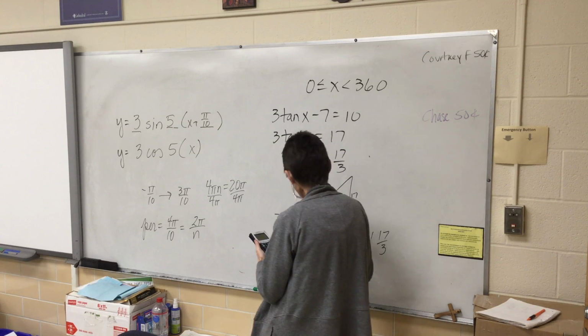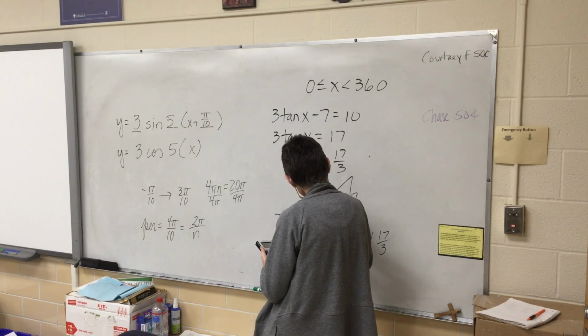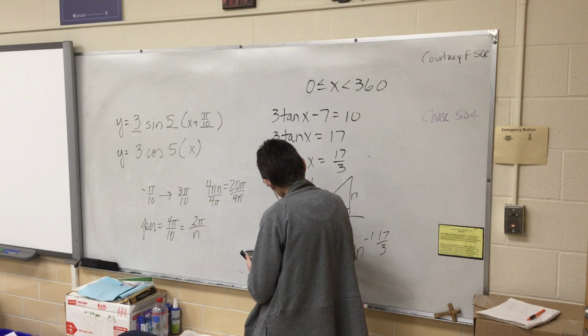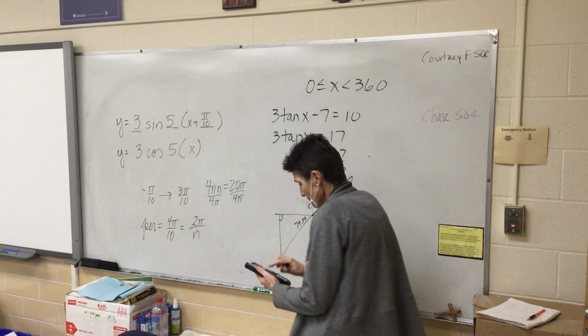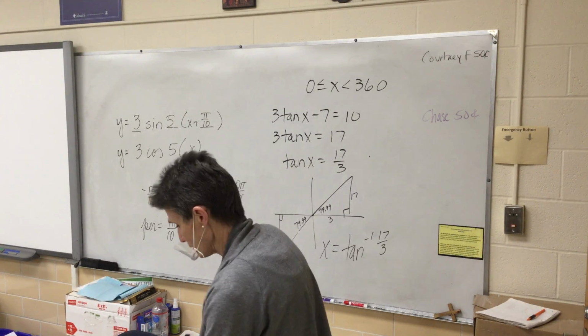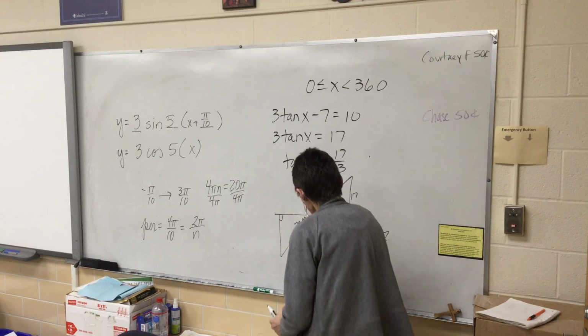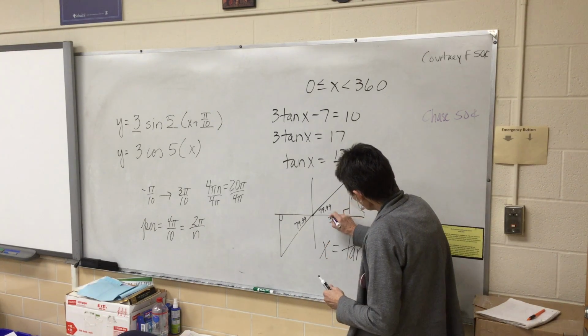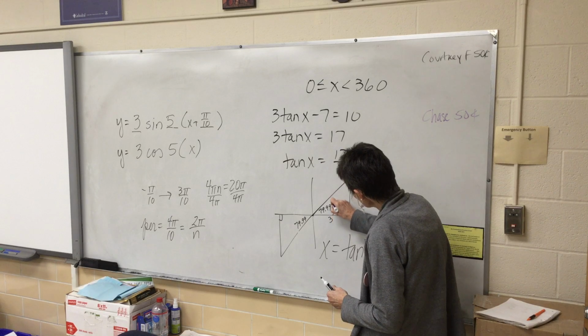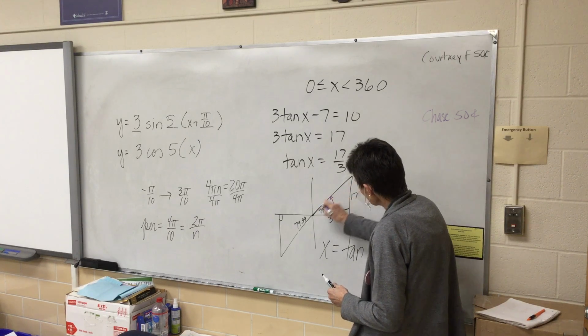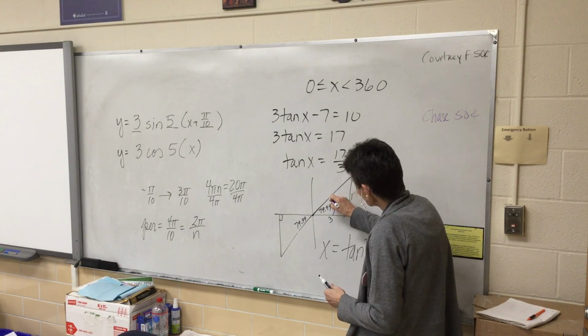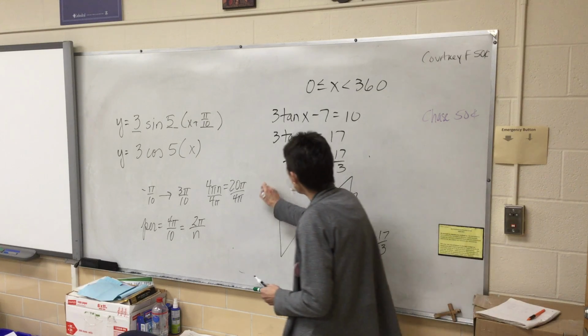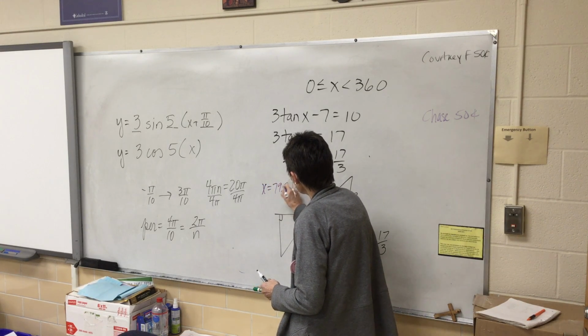Did you get 79.99? The answer is you start right here and go till you hit the diagonal line. So one of the answers actually is 79.99.